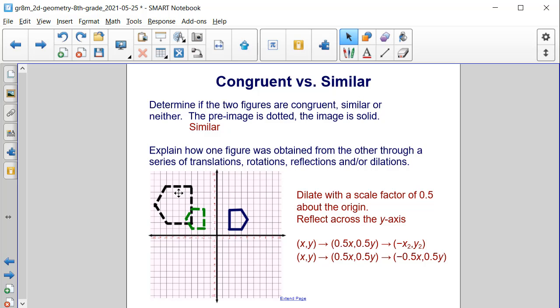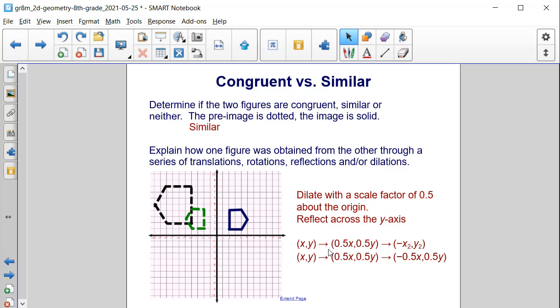And explain how we got from our original figure to our image. Well, we dilated our original figure about the origin with a scale factor of 1/2, and then we reflected the smaller one across the y-axis.